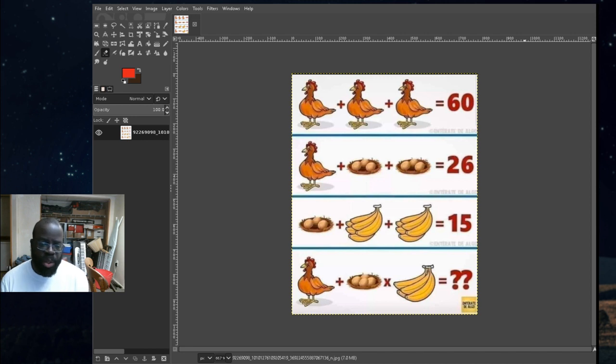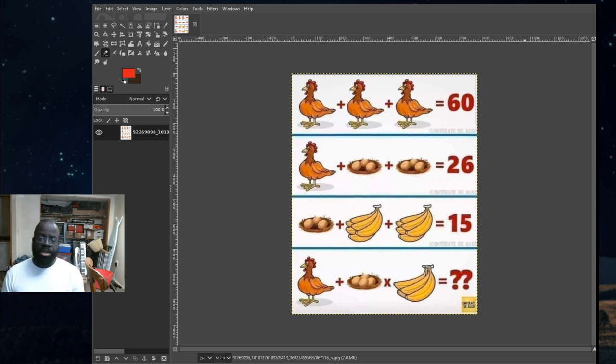Our final and fourth line introduces 2 new pictographs. We have our established chicken, which we understand is 20, but we see a basket of 4 eggs, and we have that multiplied by a bunch of 4 bananas. Now in this case, the value of a basket of 4 eggs as a pictograph is never established, and the value of a bunch of 4 bananas is never established.